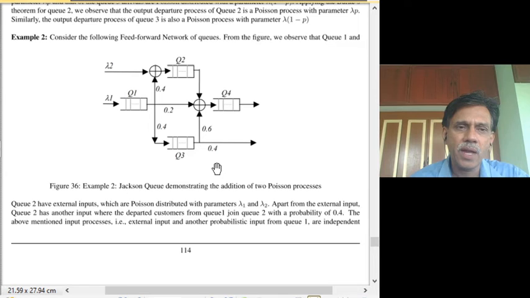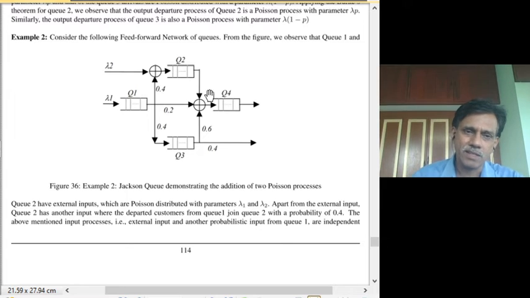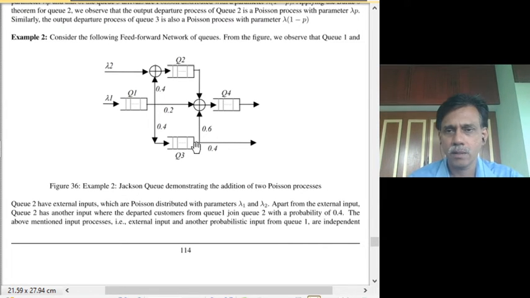From this, we can write out, by applying Burke's theorem and the Poisson thinning process, the effective or overall arrival rate to each and every one of these queues. Once we know the service rate of each of these queues, you can treat them as independent M/M/1 queues, and the joint probability of occupancies of the customers in these queues can be found.